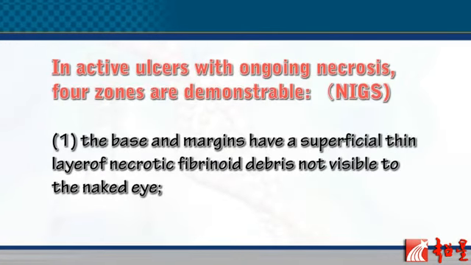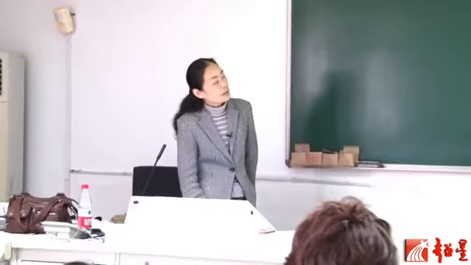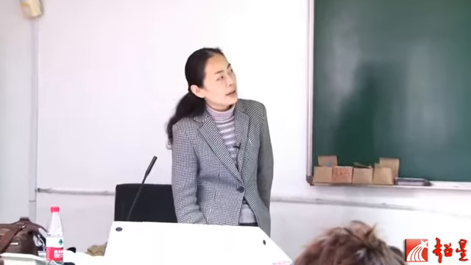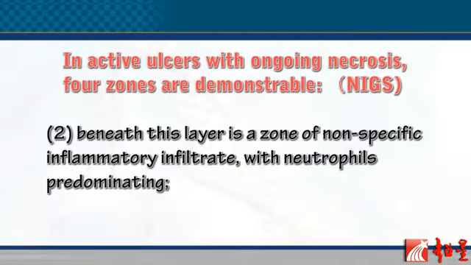On the base and the margins of this peptic ulcer, we can find a superficial thin layer of necrotic fibrinoid debris. This is a very thin layer. And second, beneath this layer is a zone of non-specific inflammatory infiltration, usually predominantly neutrophils.